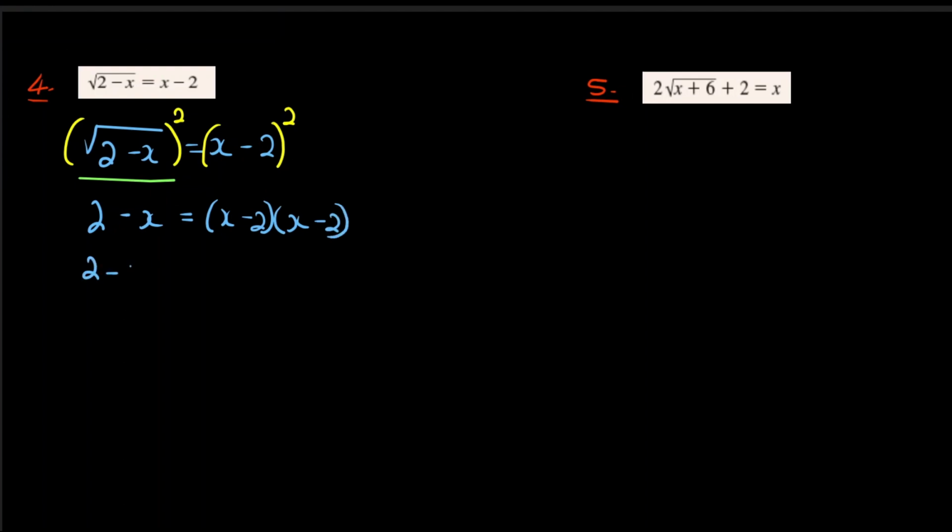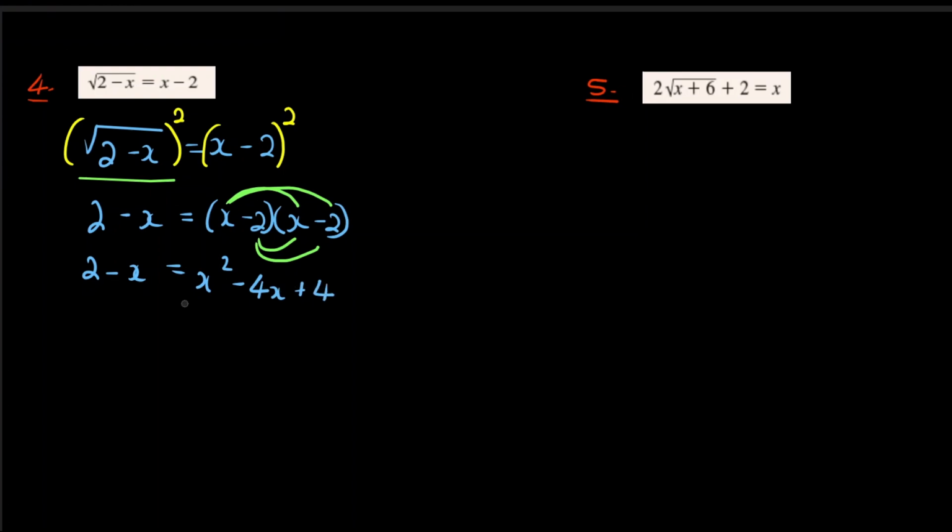Then we have 2 minus x is equal to, we just FOIL: x times x, minus 2 times x, minus 2 times minus 2. When you do that, we get x squared minus 4x plus 4.